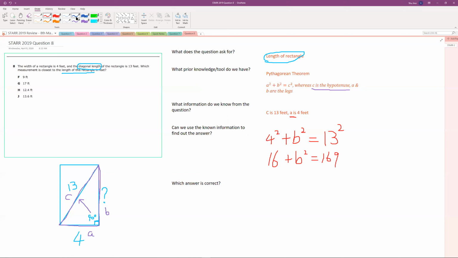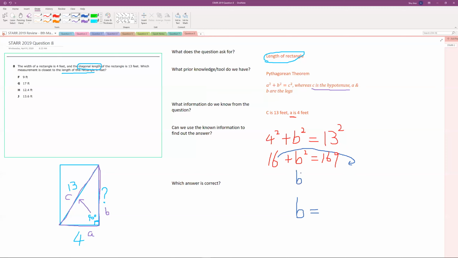Again, like yesterday, ultimately we want b equals a number. So we just want b on the left side. We want all the numbers on the right side. So I'm going to move this 16 to the other side. When I move it, the positive 16 will become negative 16.